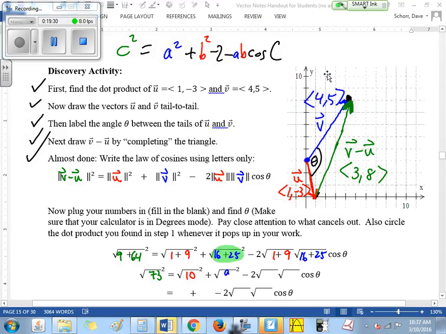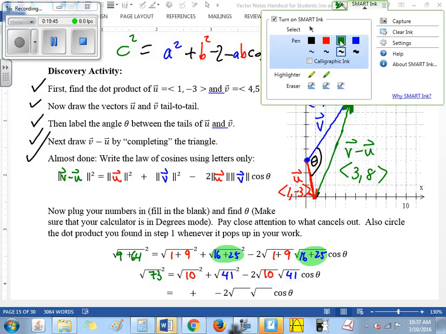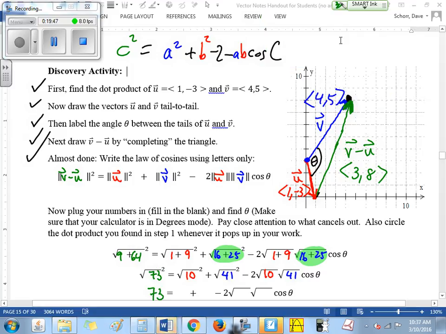Mr. Shore wrote that wrong and he wrote that wrong. Those should be 16 and 25, not 4 and 5. So I was going to put a 41 here, and this is a 10, and this is a 41. There we go. So we get 73, 10, 41, 10, 41.